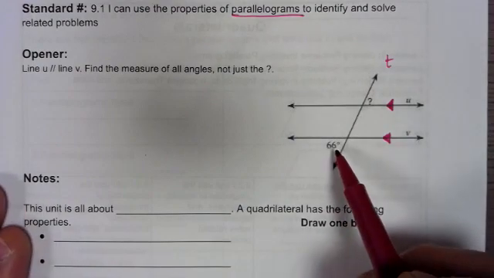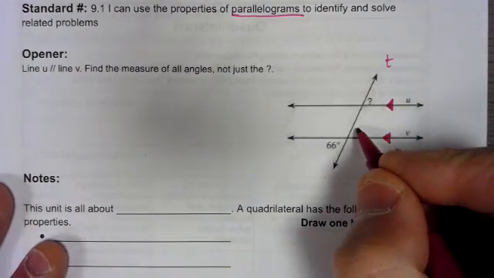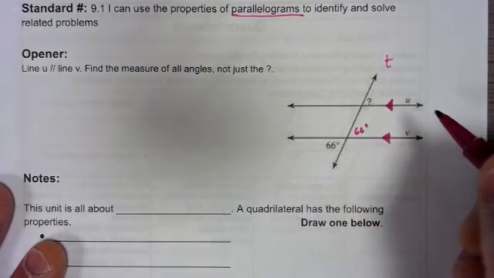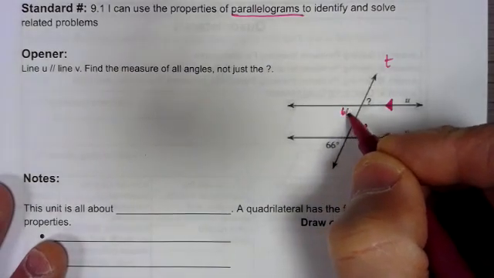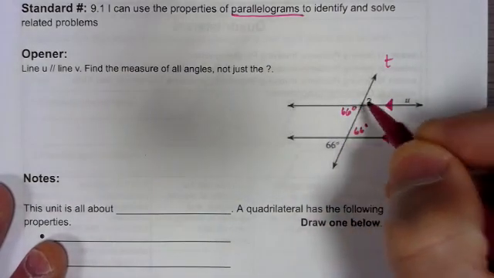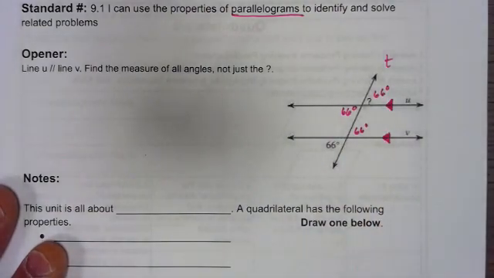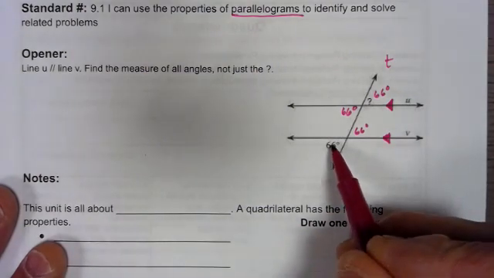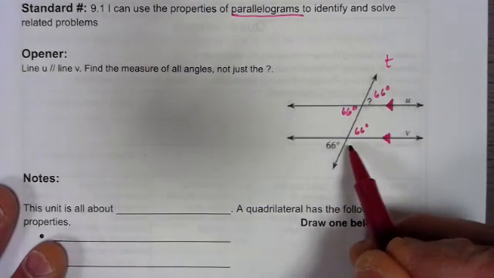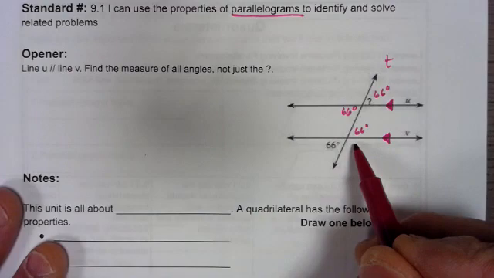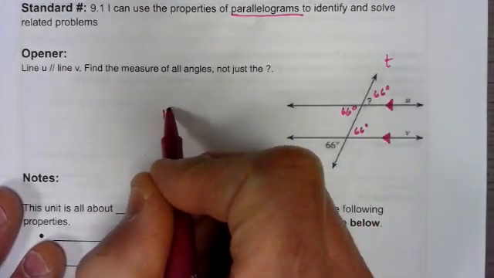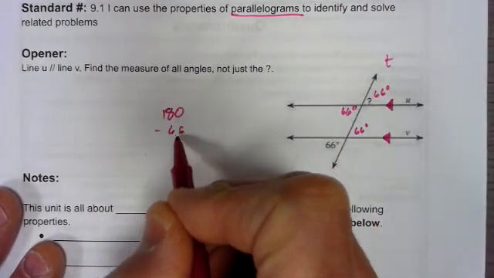All right, so in this situation, what I know is that 66 is going to show up here again because it's a vertical angle. And then 66 is also going to be here because it's alternate interior. And then it's also going to show up here again as a vertical angle. Now my 66 is going to be supplementary to this angle here because they're a linear pair. So then I need to think about what's 180 minus 66.